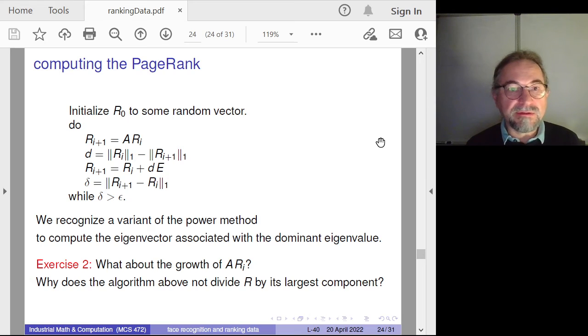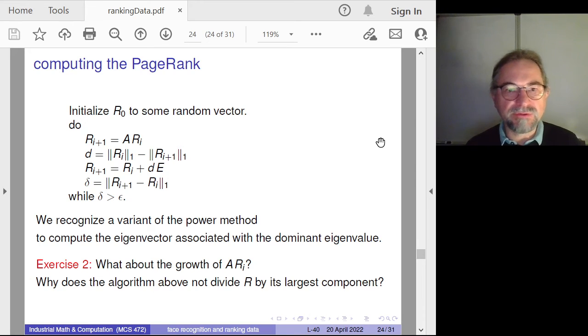You see that this algorithm, even if we would not see the connection with the PageRank, we recognize actually the power method, which we also discussed in numerical analysis. So we have the matrix vector multiplication, starting from some random vector, we multiply, and then we observe that that vector will converge to the eigenvector corresponding to the most dominant eigenvalue.